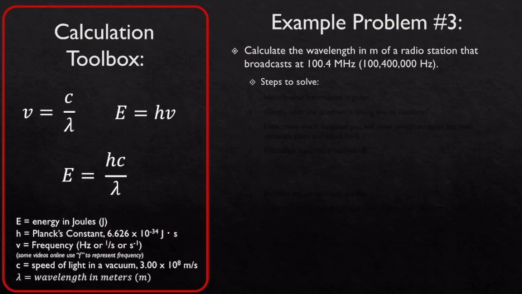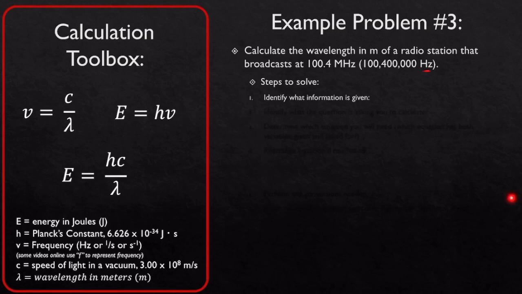All right, so the last example, problem 3, says calculate the wavelength in meters of a radio station that broadcasts at 100.4 megahertz, right? So the steps to solve this problem are, so I have to identify what information is being given to me. So I have a frequency, and I know that it's frequency because the units given are hertz.